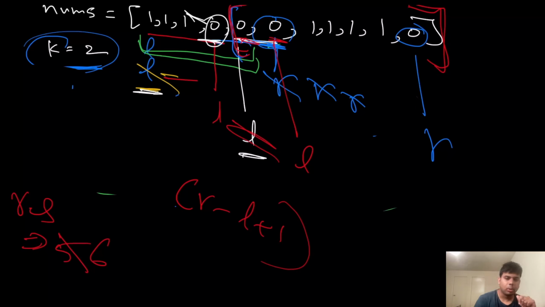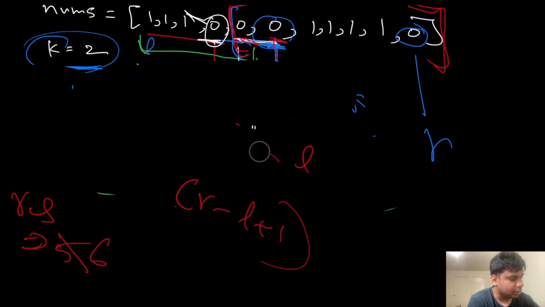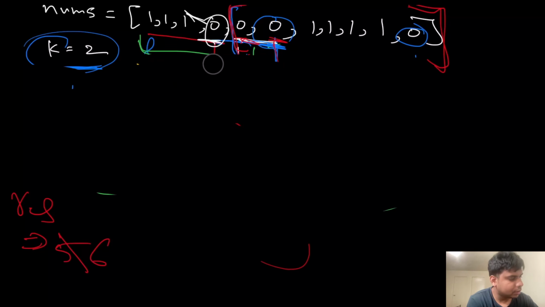So I hope you understood the logic. Sorry for having too much stuff on the drawing board. It might have confused you guys, but basically what you have to do in simple words is that the window is valid only if there are two zeros in that window. So let me just revise it.